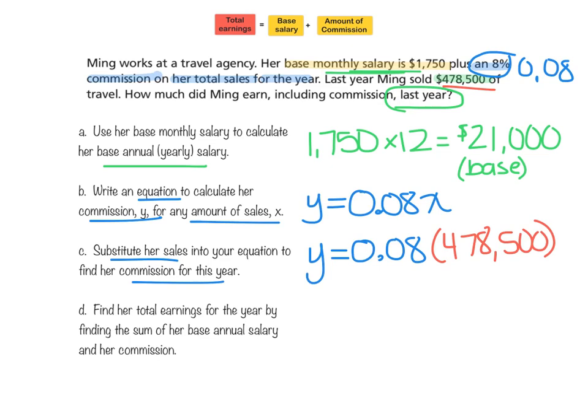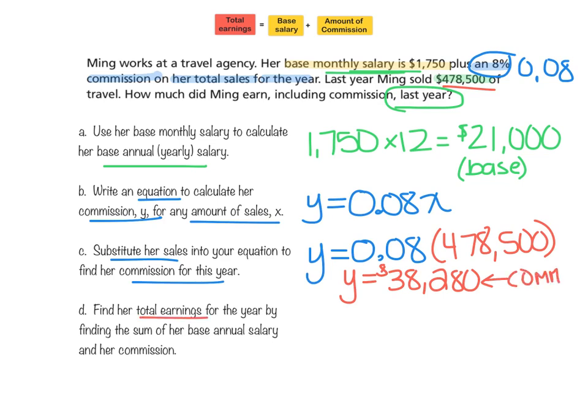So she's going to get 8% of that amount added on to her base salary. And so I am doing 478,500 times 8% in decimal form, so 0.08, and I find out that her commission for the year is $38,280. So that's her commission that's added on.